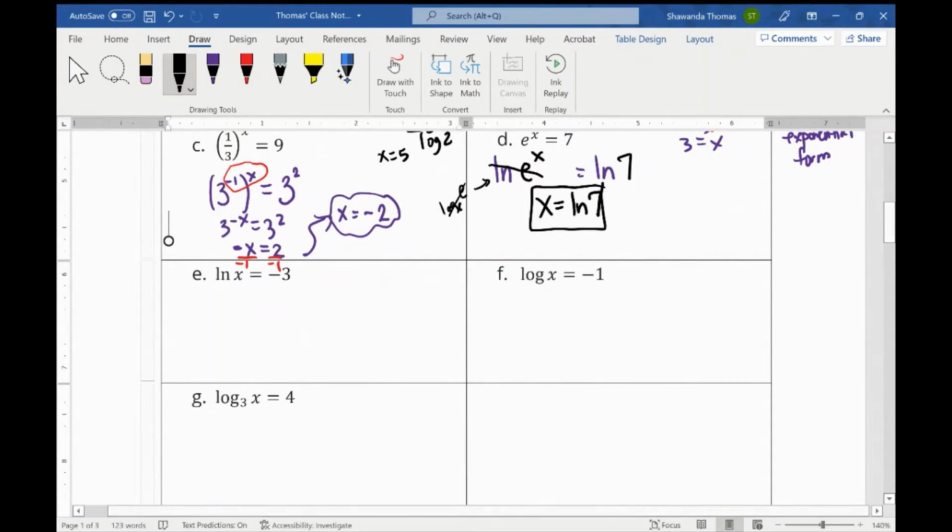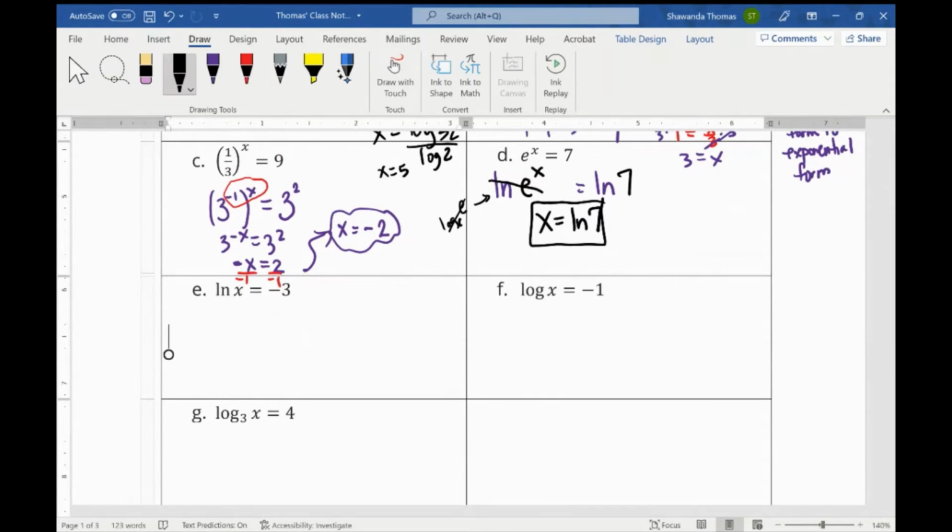Let's try that. One way you could do it is to rewrite it. When you see ln, it might be best to always write log base e first. Just write log base e of x, rewriting the problem as a log. What I like doing is changing logarithmic forms to exponential forms.